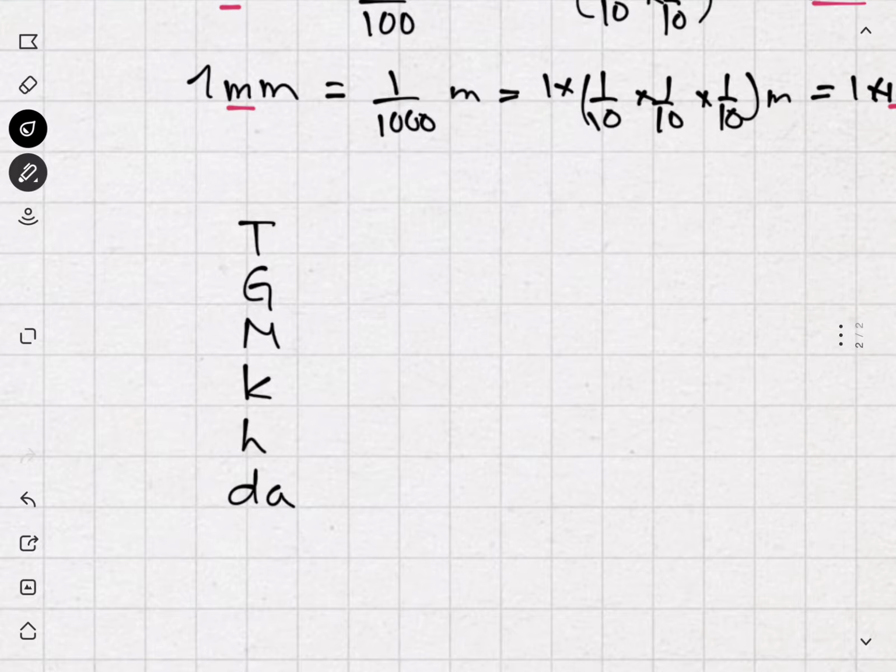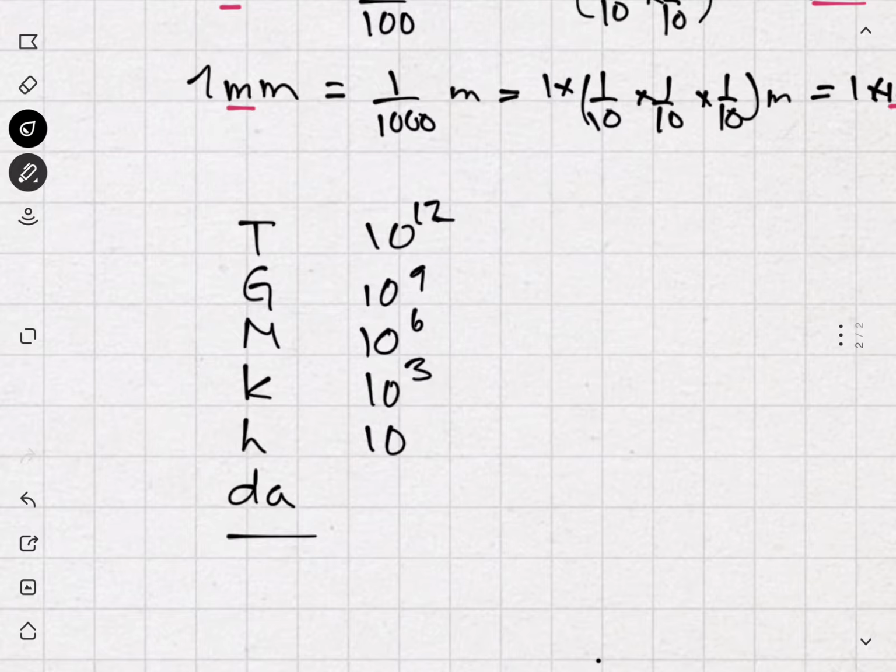And then there's nothing, and then we'll go into the negative numbers. So tera means 10 to the power of 12, perhaps 10 to the power of 12 meters. Giga means 10 to the power of 9, mega 10 to the power of 6, kilo 10 to the power of 3, hecta 10 to the power of 2, and deca 10 to the power of 1.